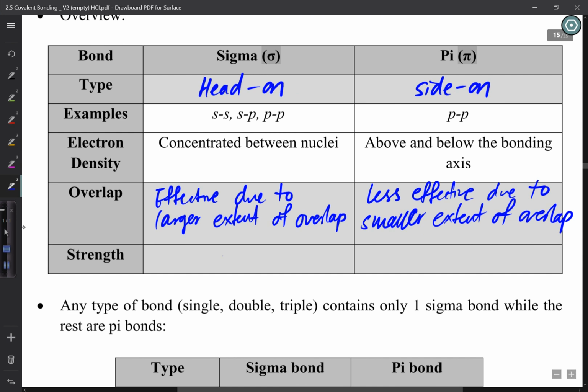So therefore, I also mentioned that strength wise, sigma bond is stronger, whereas pi bond is weaker. So it's more easily broken than sigma bond.